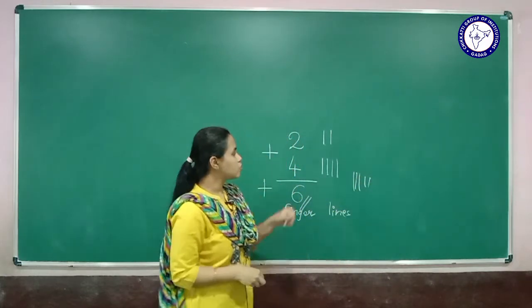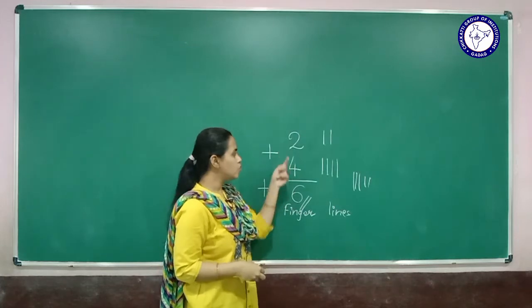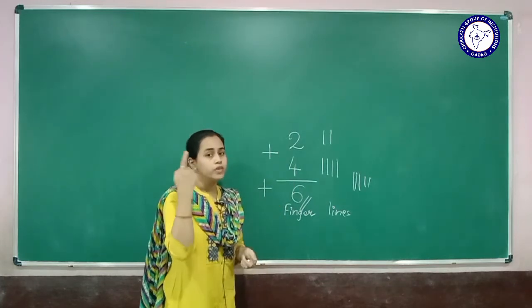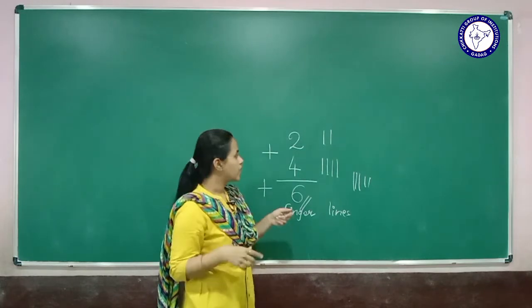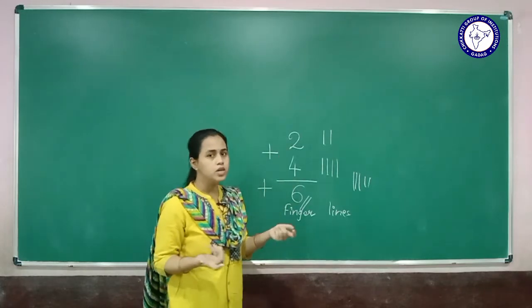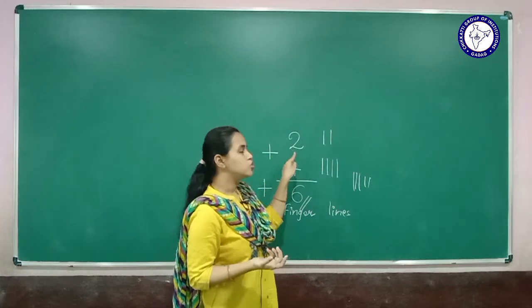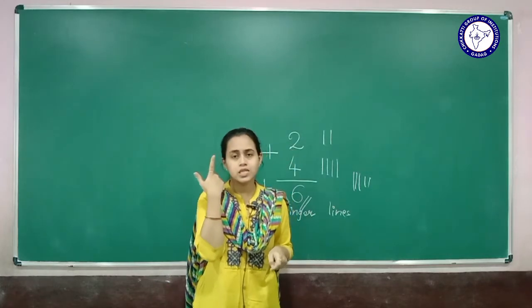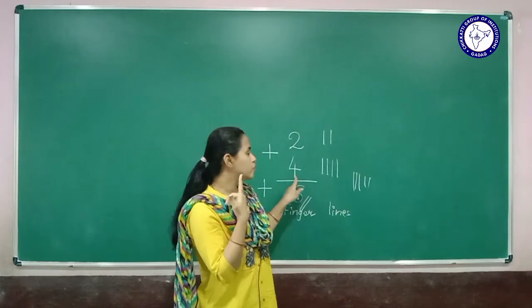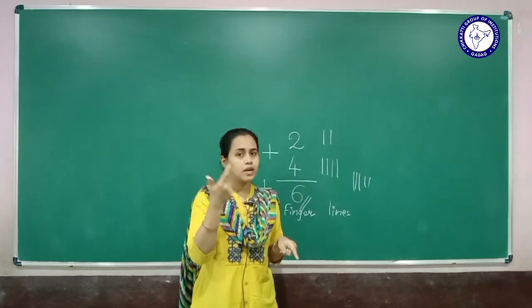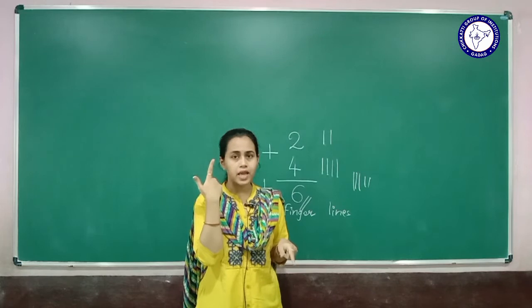So what can we do? For 2 plus 4, we can keep the bigger number in mind. Otherwise, whichever number you want to keep in mind. I'll keep the number 2 in my mind. So 4 in my hand, 2 in my mind.